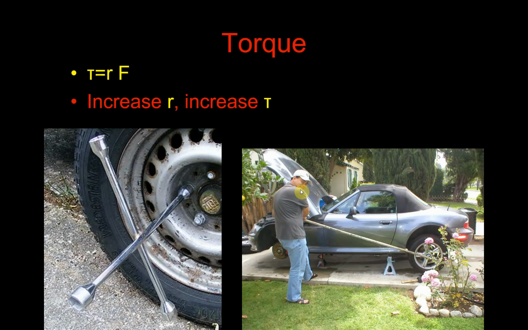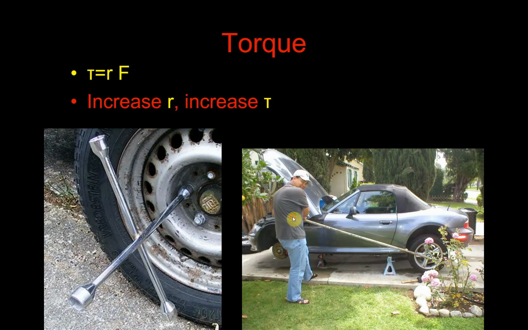I have no idea who he is. I just borrowed him for the purpose of this talk. Now, he's taking this wheel off. He couldn't apply any more force to the end of this tiny little wrench, so he got a very long piece of pipe. That means the torque that he's applying to these nuts has now increased enormously because R has increased.